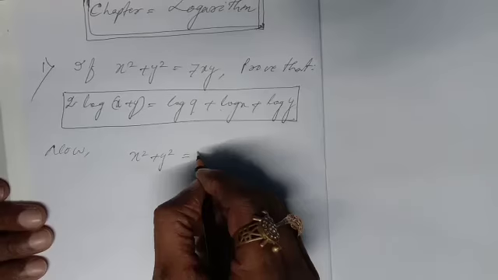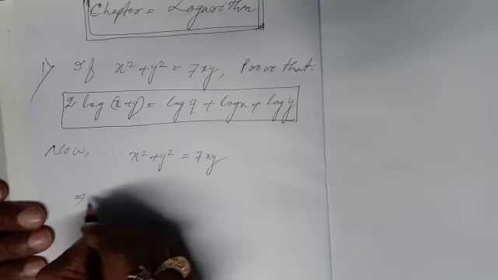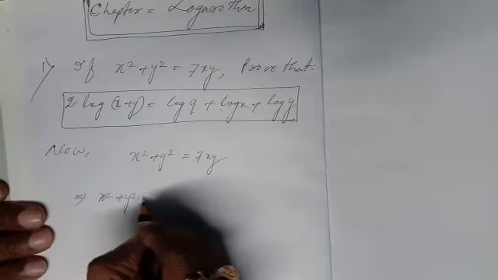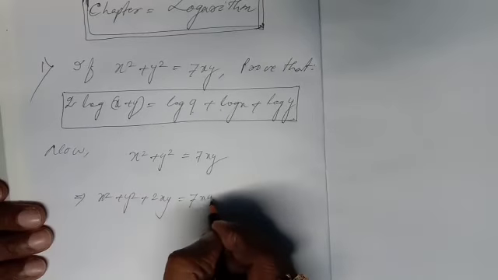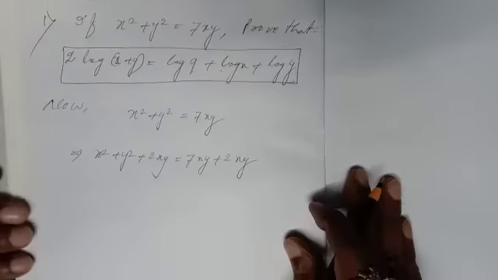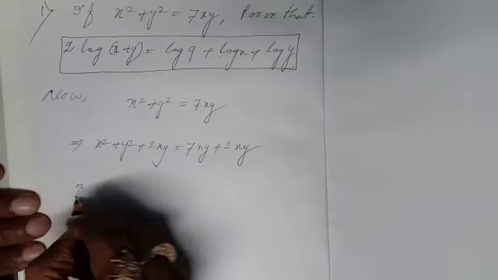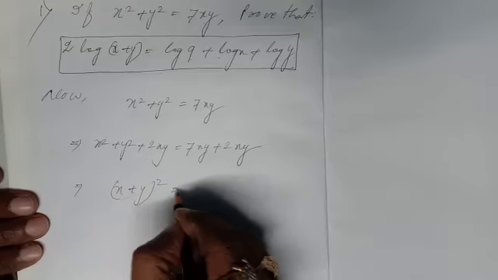x square plus y square is equal to 7xy. Adding 2xy both sides, you have to add 2xy to the left hand side as well as the right hand side. Then what you will get here? This is nothing but (x plus y) whole square, and this is 9xy.